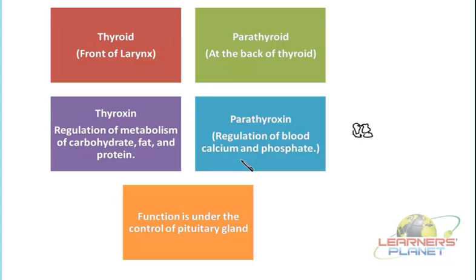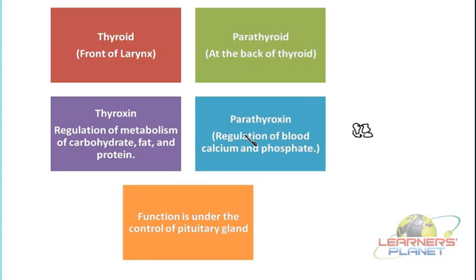The parathyroid gland is secreting the hormone which is known as parathyroxine. Now this parathyroxine is controlling the metabolism of several minerals, especially calcium. One of the types of this parathyroxine is calcitonin.